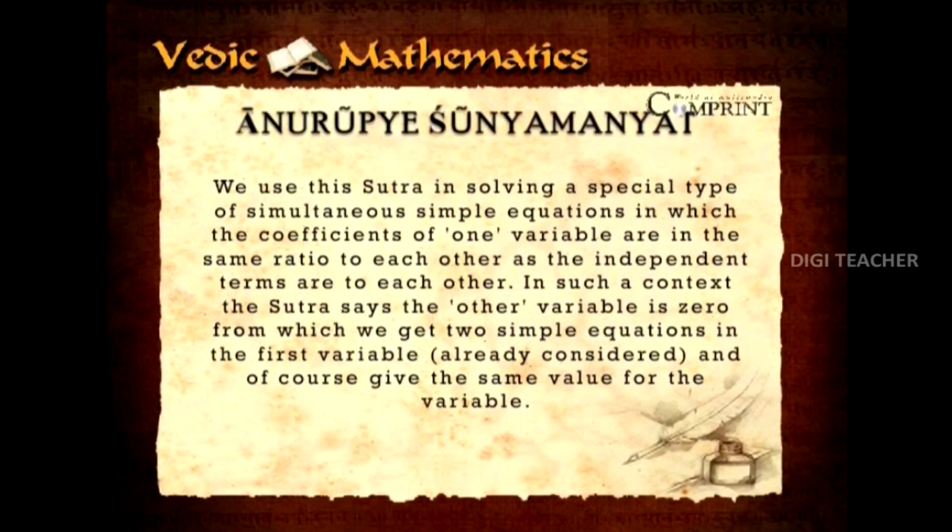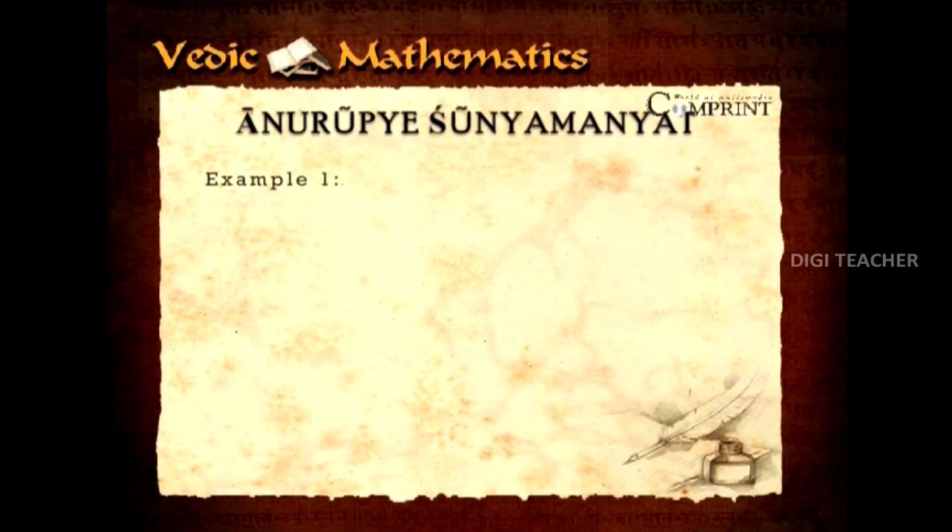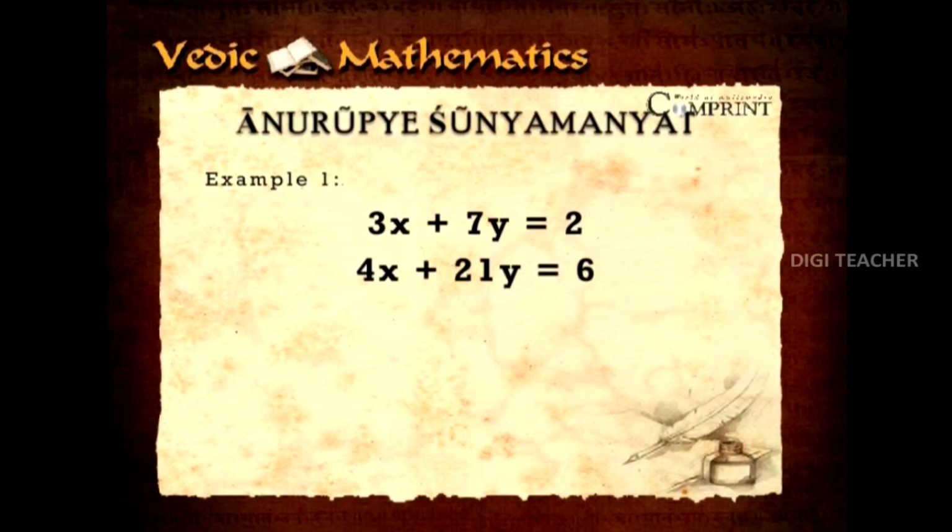In such a context, the sutra says the other variable is 0, from which we get two simple equations in the first variable, which is already considered, and of course gives the same value for the variable. For example, 3x plus 7y equals 2 and 4x plus 21y equals 6.